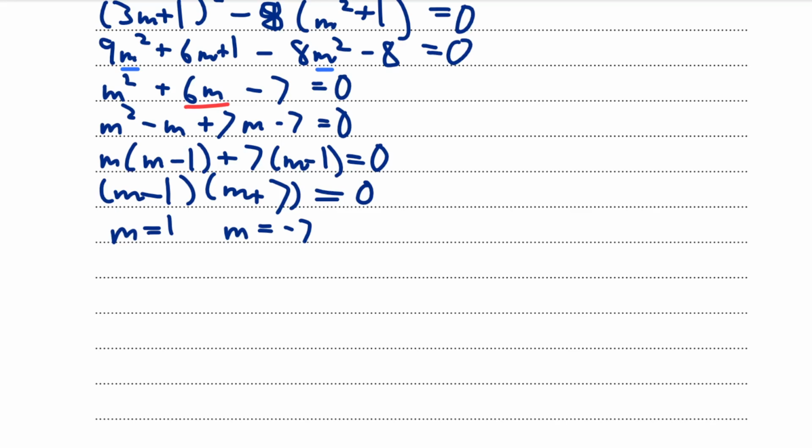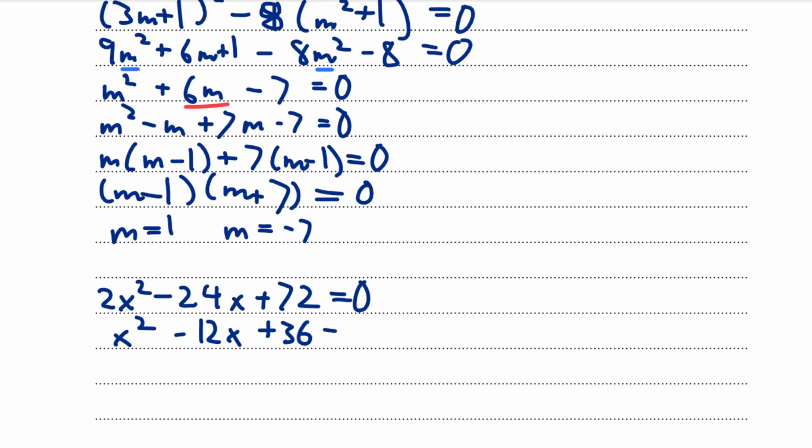So if we substitute 1, we get 2x squared minus 24x plus 72 equals 0. Then we can divide everything by 2 and we get x squared minus 12x plus 36 equals 0.